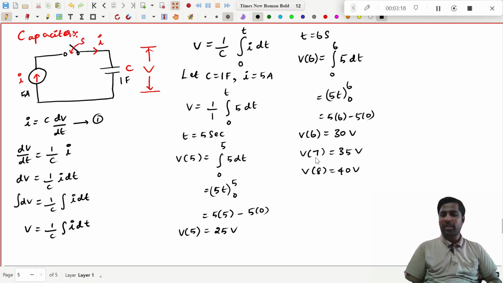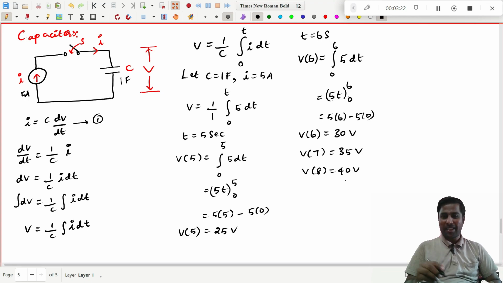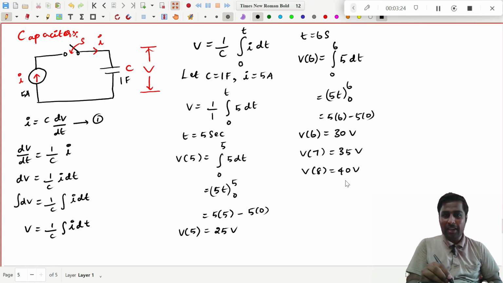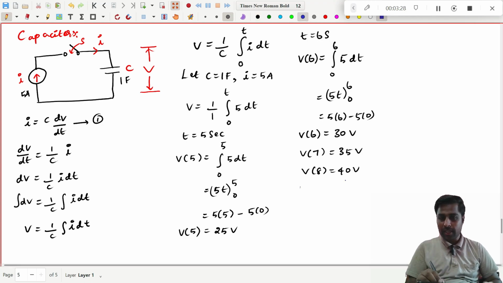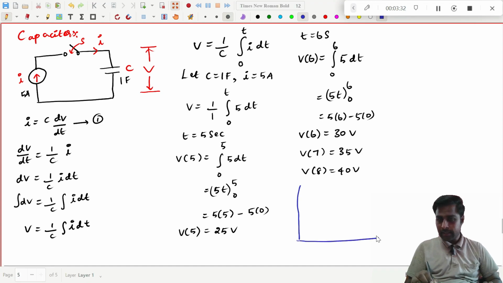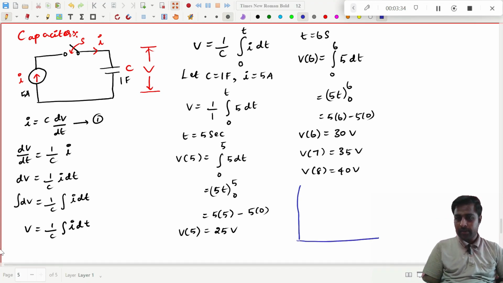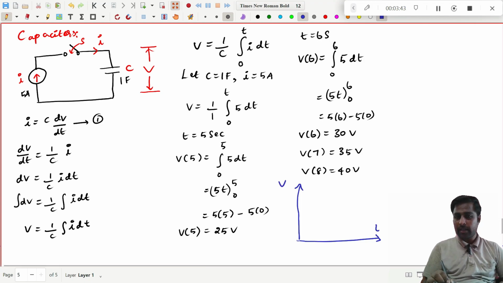So now you see, whenever I have applied a current to the capacitor, the voltage in the capacitor with respect to time is increasing linearly. That's all, right? So I will draw the graph. You see, this is x-axis, this is y-axis, and this is V and this is time.